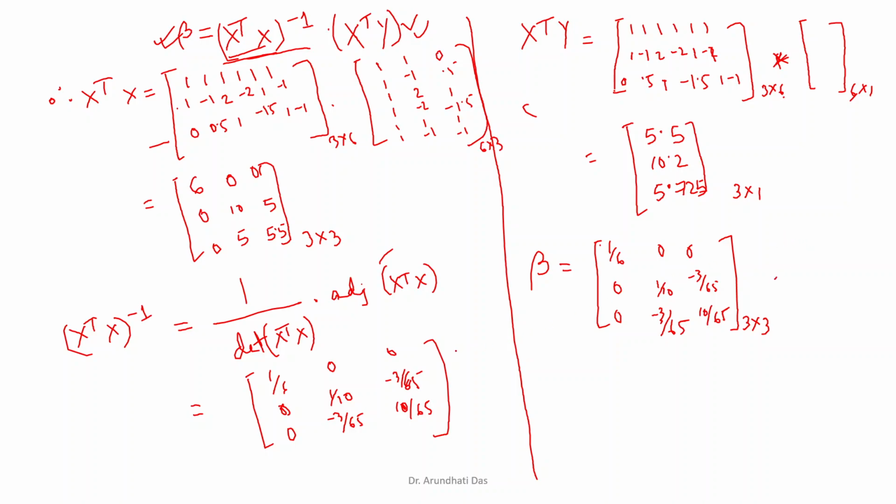Multiplied by this part, which is the 3 by 1 matrix.